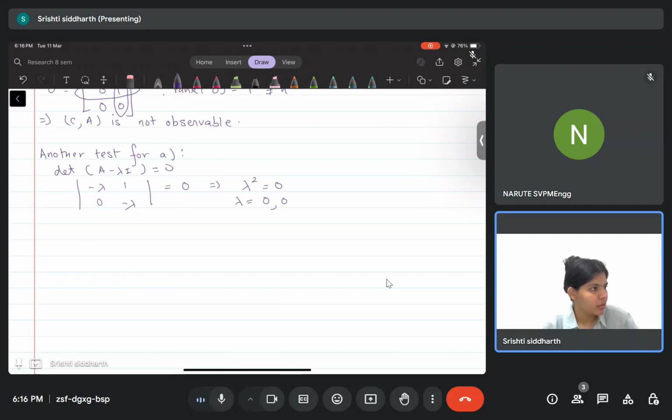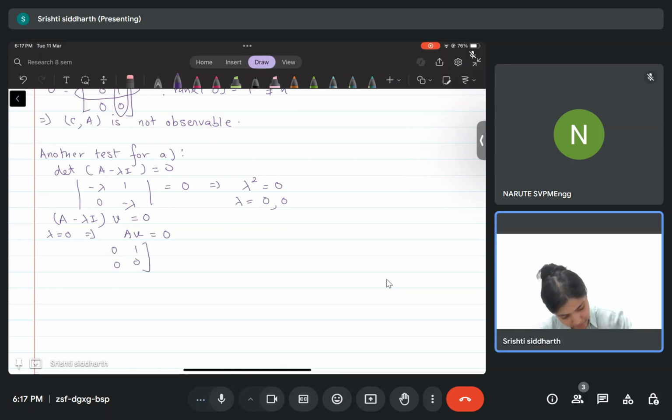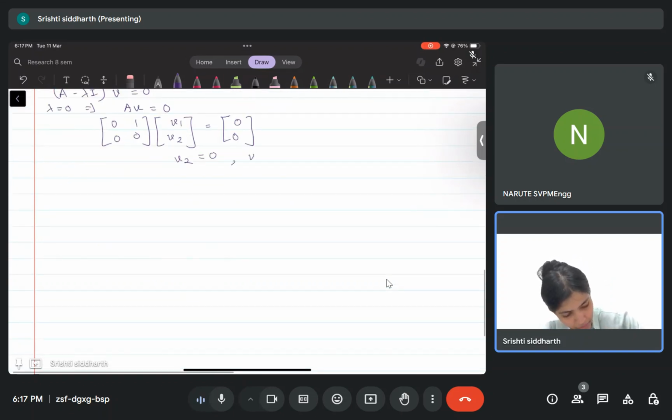So the eigenvectors for this case would be A minus lambda I applied to some v equals 0. So we have 0, 1, 0, 0 times v1, v2 equals 0, 0. We have just one equation, which is v2 equals 0, and v1 can be any scalar. So an eigenvector can be, for example, a, 0, where a is some real number.